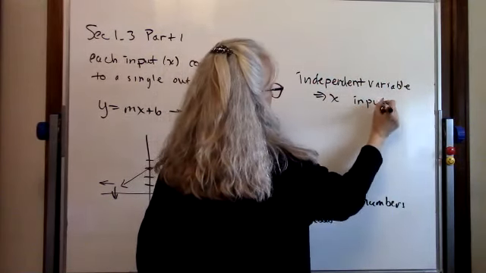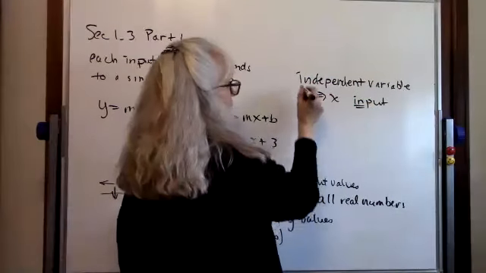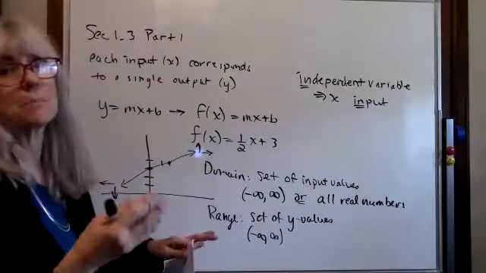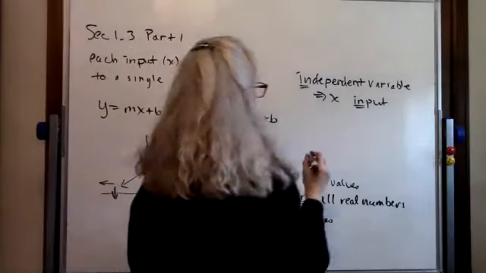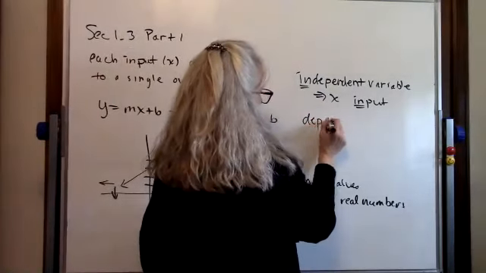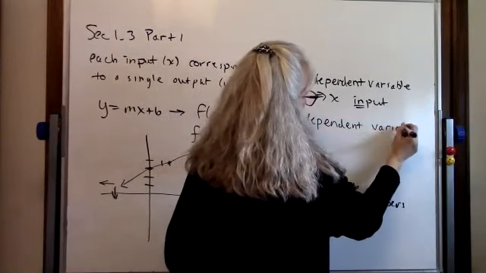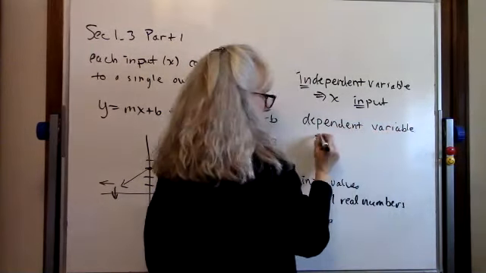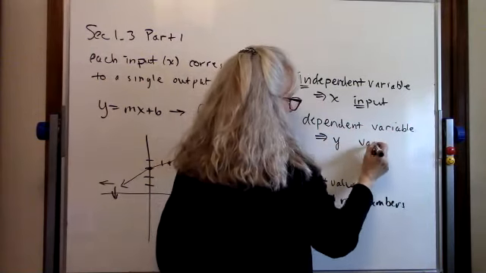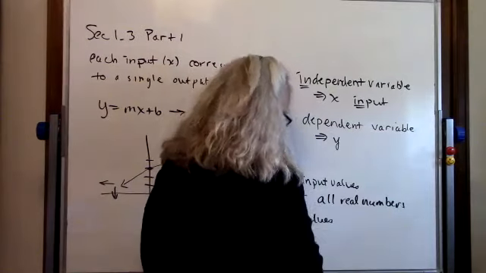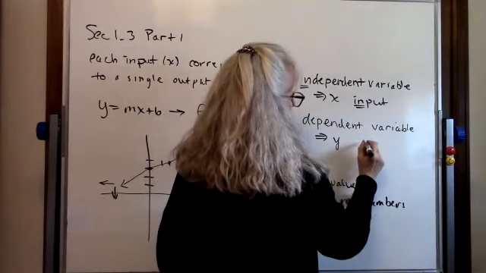It's easiest to remember the "in" in input goes with the "in" in independent. It's the one you get to pick. It's independent of what you're doing. The dependent variable is your output, or your y value. It's the output because it depends on what you put into the function.